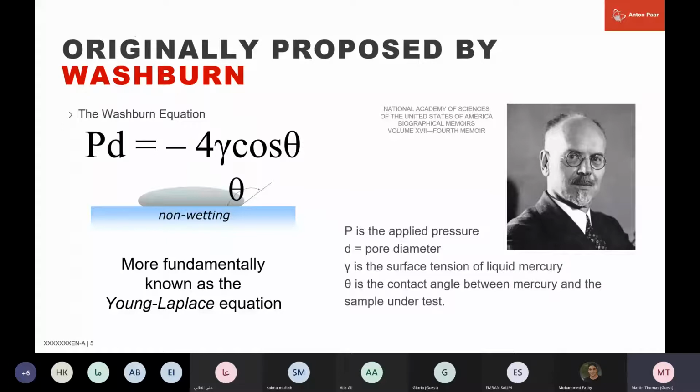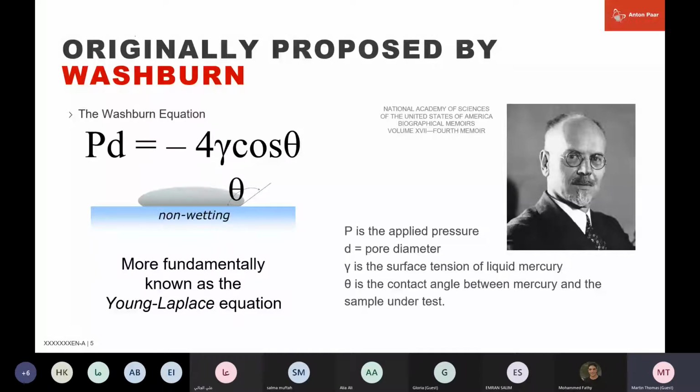And basically, he said, well, look, using this equation, which for those of you who've done a little bit of physics maybe, or physical chemistry, and maybe some other engineering considerations, this is actually really nothing more than the Young-Laplace equation. In gas sorption, we refer to it as the Kelvin equation. But we give credit to Washburn in this context, measuring pore size by mercury, and we call it the Washburn equation. So it's a very simple concept.